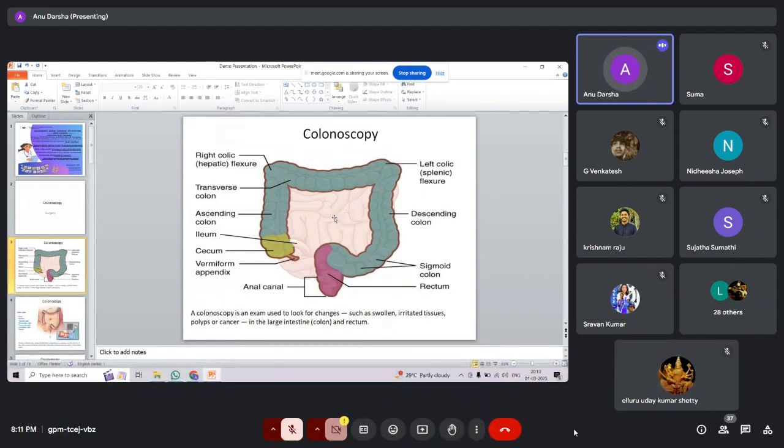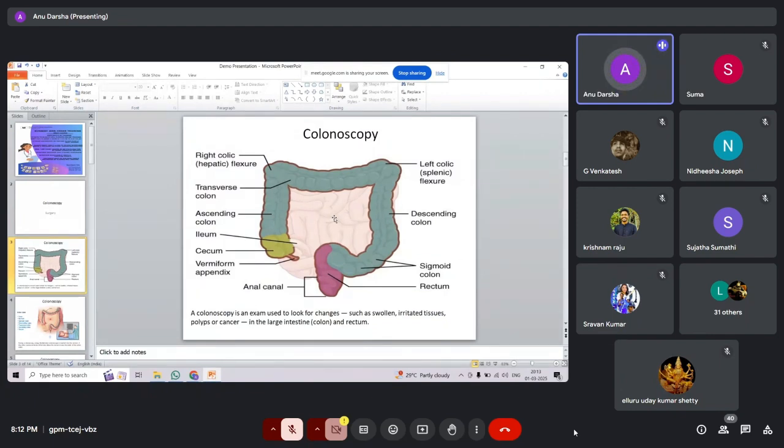So basically, colonoscopy is the procedure that they will be performing to check any etiologies behind any gastric related issues, especially for the lower GI related. Lower GI means large intestine, starting from anus up to the cecum.